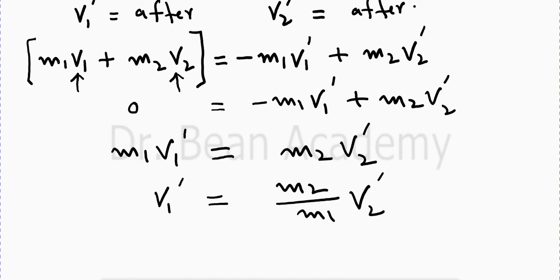If you remember our previous question, we actually found the ratio of v1 prime and v2 prime, because I can take v2 prime on this side and it becomes a ratio, and we have already done that.